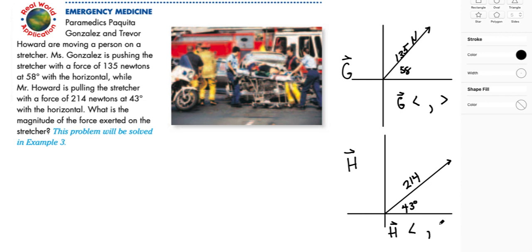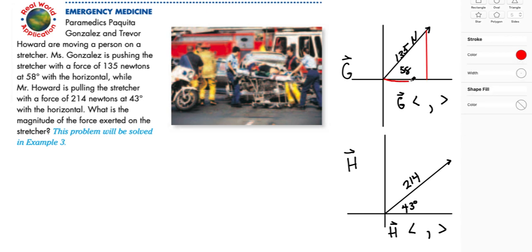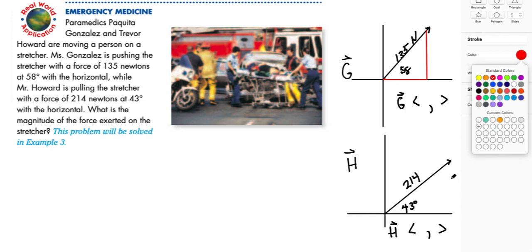We're going to have to use some trig though, because when we think about those component parts, we're going right back to right triangle trig, where we need to think about if this were a triangle and we know that the force is 135 along this angle, we can figure out what the vertical and horizontal forces are. All right, so we'll do that for both of these. Let me go ahead and write that in.